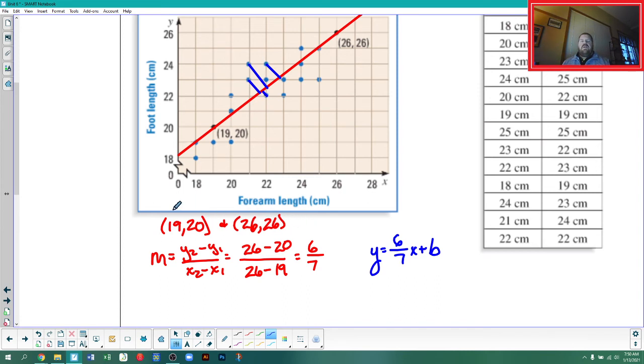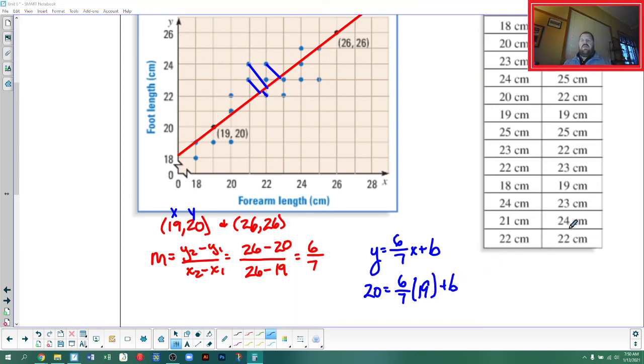So let's say that we go ahead and pick our first one as our x and our y. And so we're going to say 20 equals 6/7 times 19 plus b. And what might be helpful at this point is a calculator.